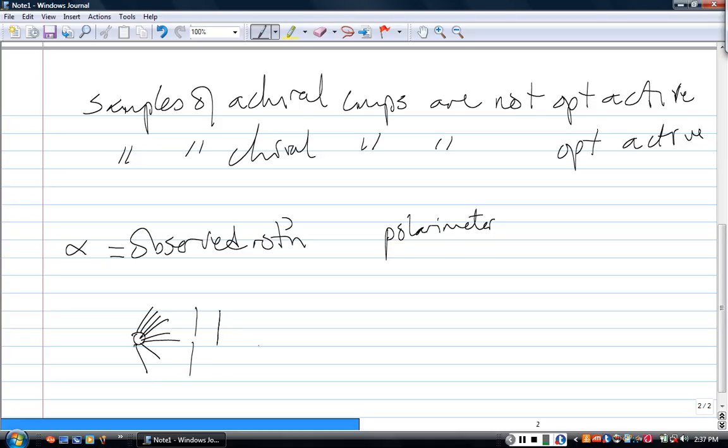There would be a monochromator, which will select a single frequency of light. And then there would be a tube that would have a sample in it.